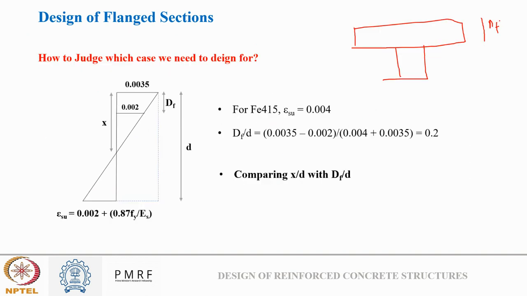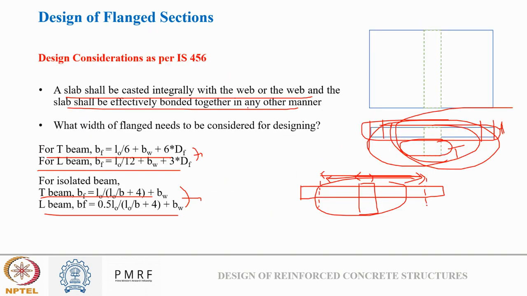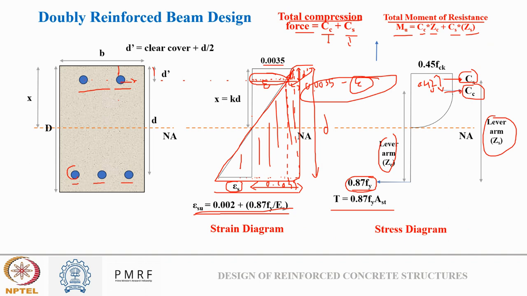So suppose my Df is completely enclosing the uniform stress part. So we know, for uniform compression, till the constant compression stress value, my strain varies from 0.002 to 0.0035. If you see this diagram, I will just go back.